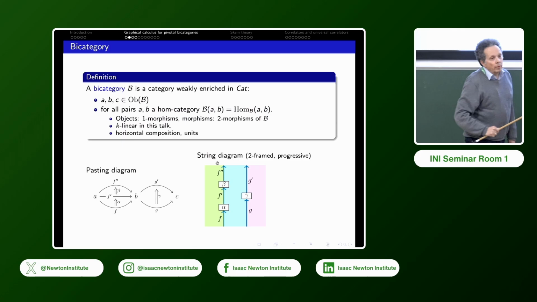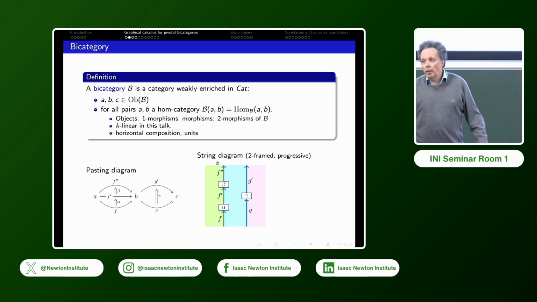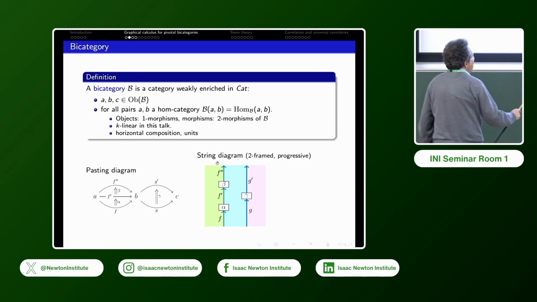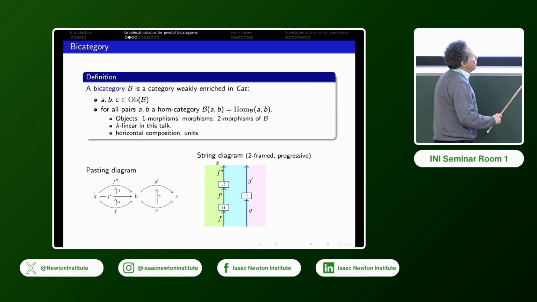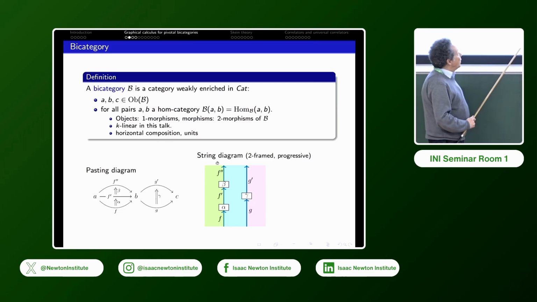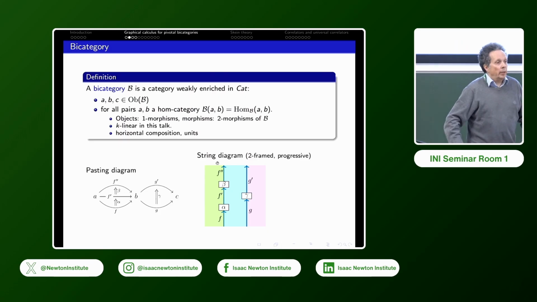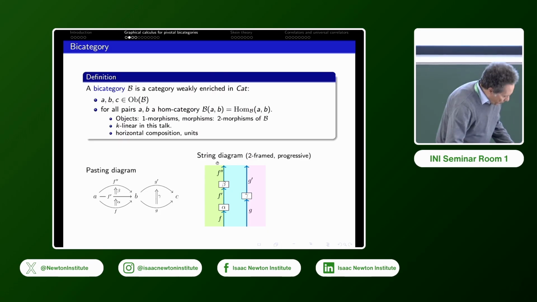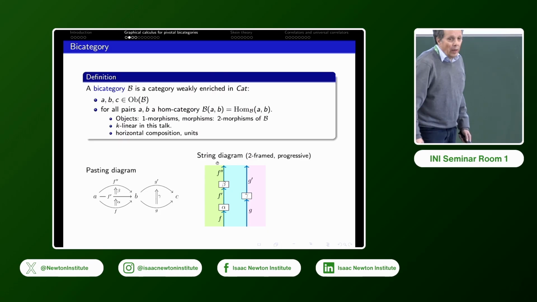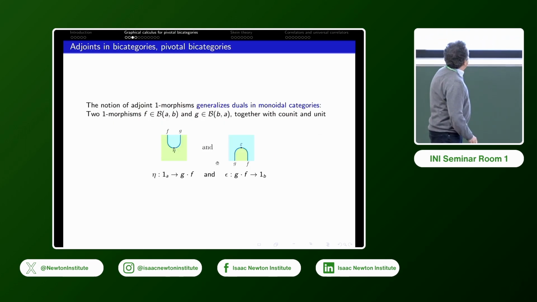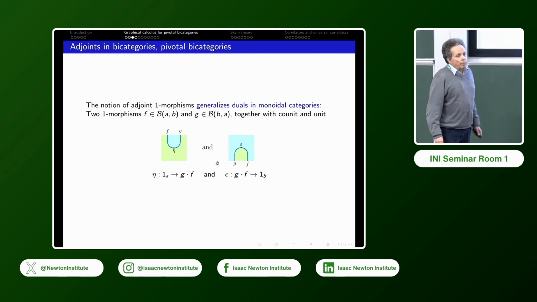And we will work with the pasting diagrams. And if you think about this as a local piece of a worldsheet where you have a CFT in a green phase, in a blue phase, and in a purple phase, and you have defect lines running between them, and you have here point-like insertions on the defects, you are in the game. And if you have such a bicategory, we need to add a bit more structure.